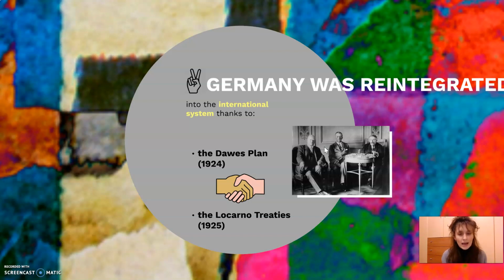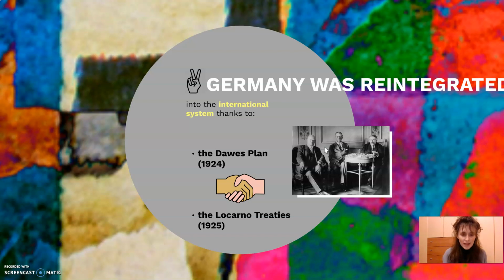And the Allies also demanded large amounts of money known as reparations. And the Dawes Plan approved loans from the USA to stimulate the economic growth of Germany.